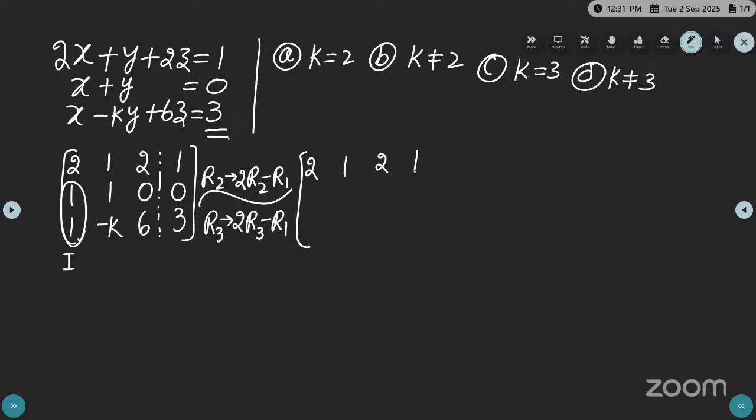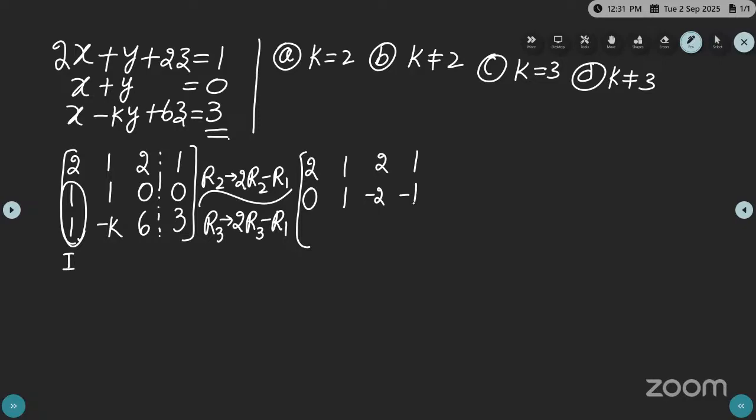Next, 2 minus 2, 0; 2 minus 1, 1; 0 minus 2, minus 2; 0 minus 1, minus 1.